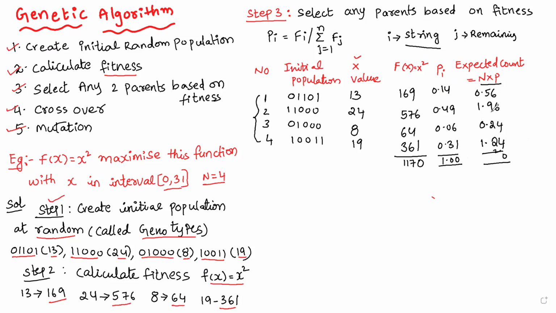This is 6, 6 plus 9, 15. 15 plus 5, 20. So this is equal to 4. So this is called as the expected count. So this is step 3. What we have done here is taken number of samples, initial population, x value, f of x, p of x, p of pi, and expected count.